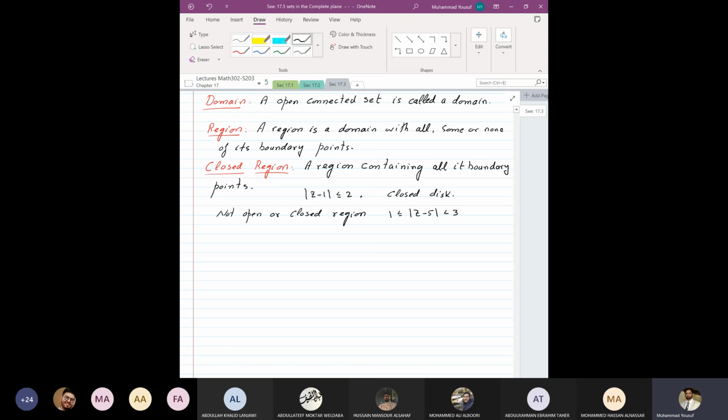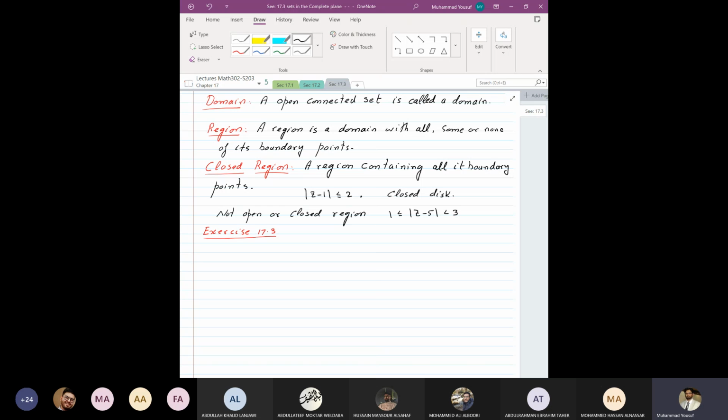Then we have a few questions, not many, in the exercise where you need to sketch the region. Exercise 17.3.